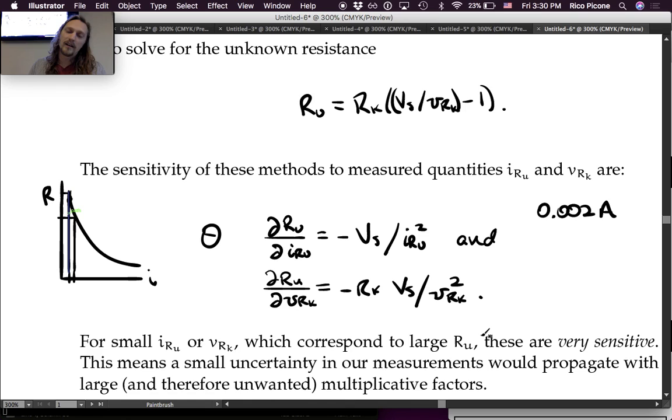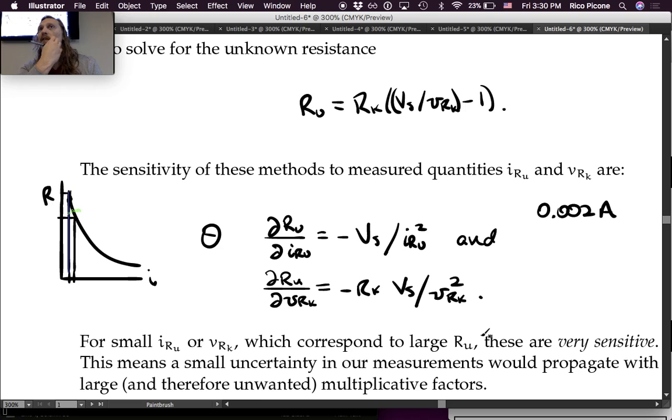I'm not going to go through that one in as much detail, but essentially they're both super sensitive to the first measurement that you make, the measurement of voltage or current, and that uncertainty propagates, and so our error is huge in the measurements.